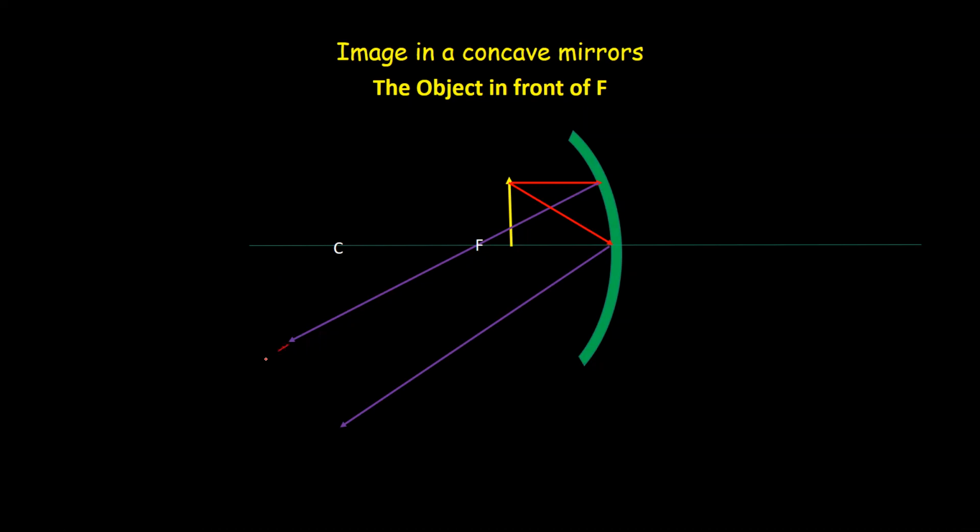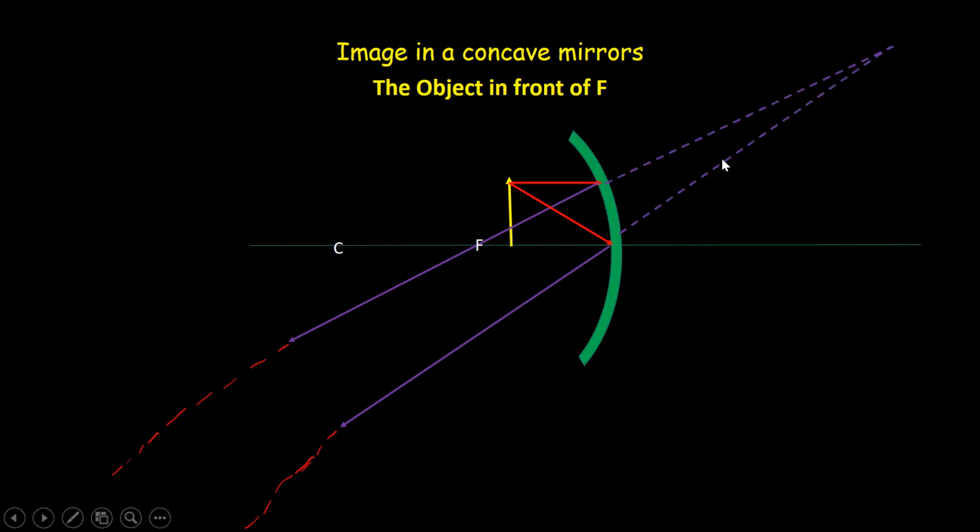So if I extend this one here, you can see they never cross in front of the mirror. But maybe if we extend them behind the mirror, they can cross. Let's try. So as you can see, at the back of the mirror, the 2 reflected rays can cross. So the image of this object, the tip of this arrow, is actually here.